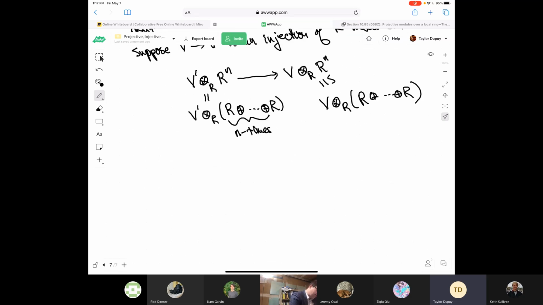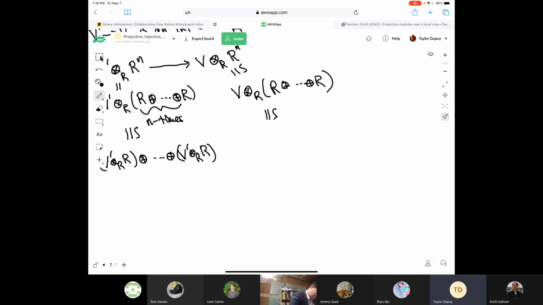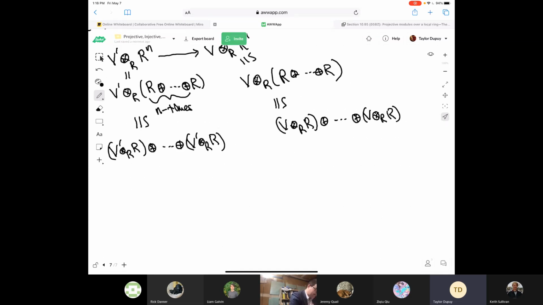Okay, so now this thing is naturally equivalent to V prime tensor R over R, direct sum, direct sum V prime tensor R over R, and this one is V tensor R over R, direct sum, direct sum V tensor R over R. So what I did is distribute the tensor product, and I'm using that these things are naturally equivalent.